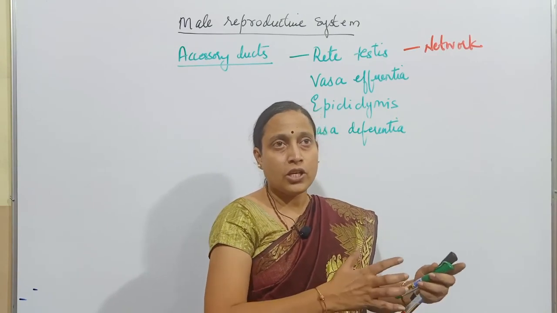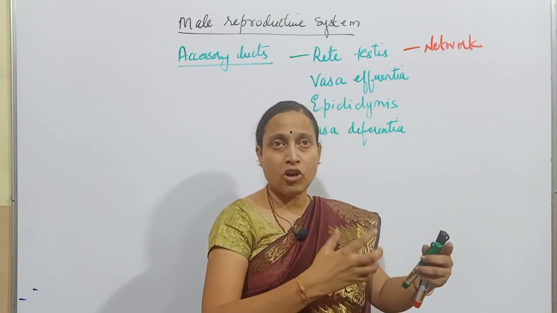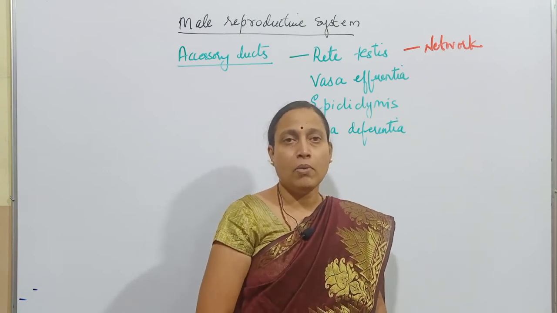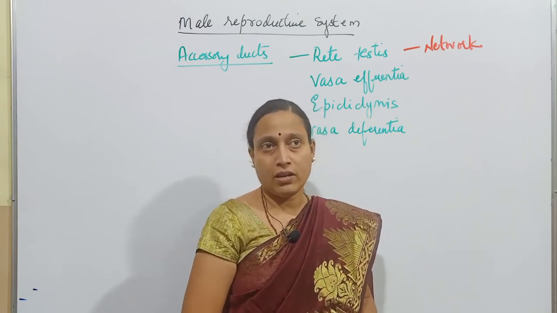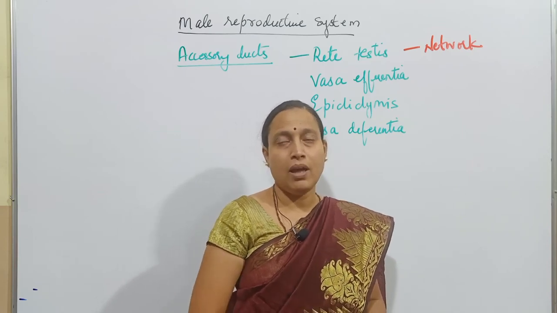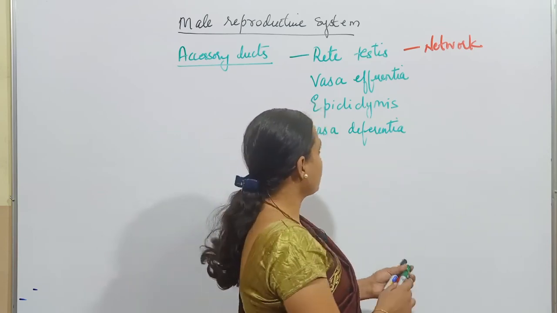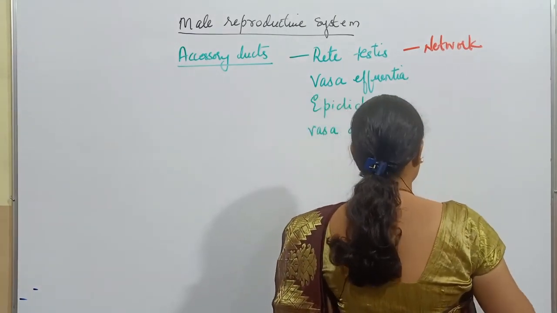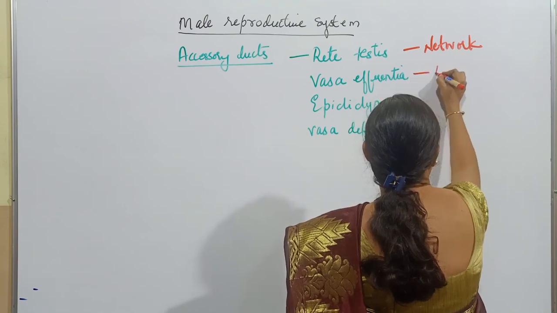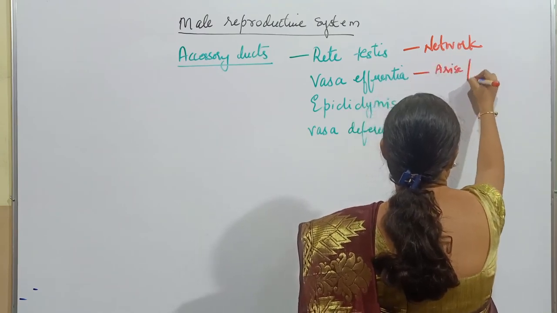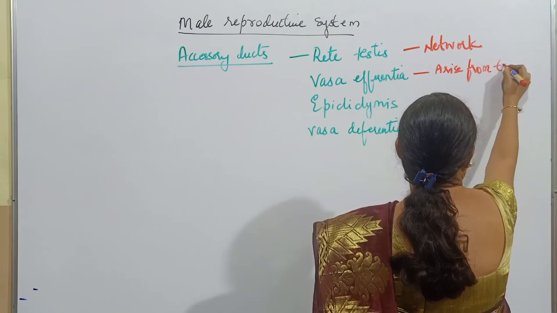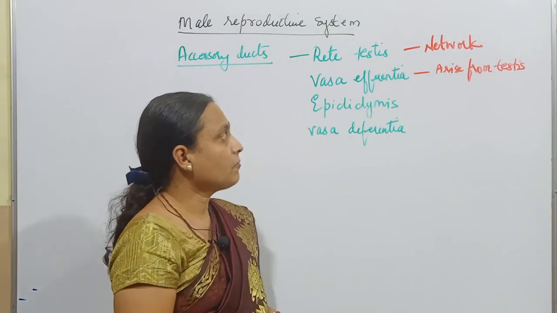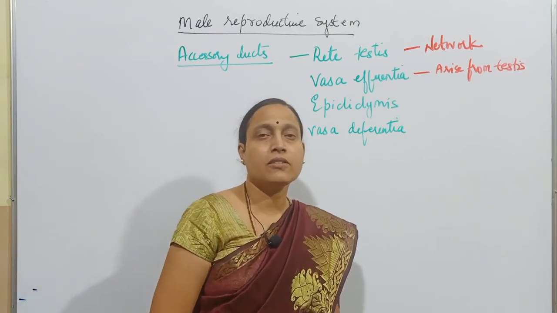That means these 12 to 15 small ducts, called vasa efferentia, further unite and form a single tube, and that tube is called epididymis. So they arise from the testis. They are the first tube that arises from the testis.